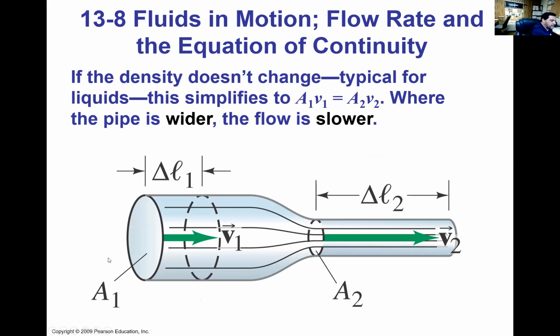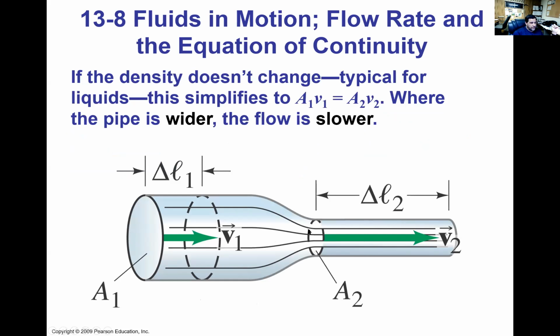I like this picture a little bit better. It shows you a pipe that is decreasing in area. This cross-sectional area and velocity is going to be equal to this one between these 2 points.